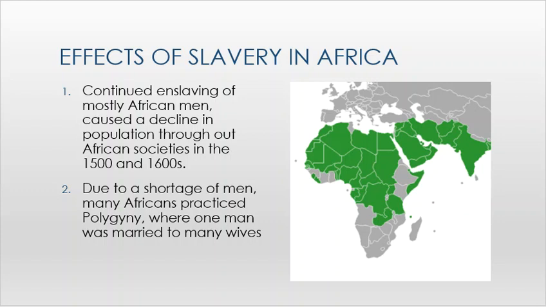Overall, it should be okay because the Columbian Exchange is going to bring over things like manioc, which is a very starchy food that's going to give a lot of nutrients to Africans. However, in the short run, you're going to see a decline. This is due to people being taken from Africa.